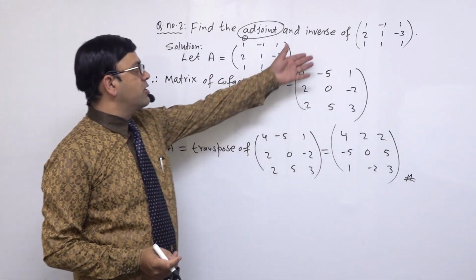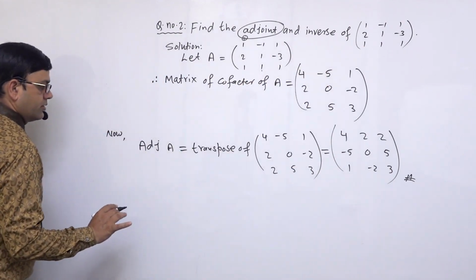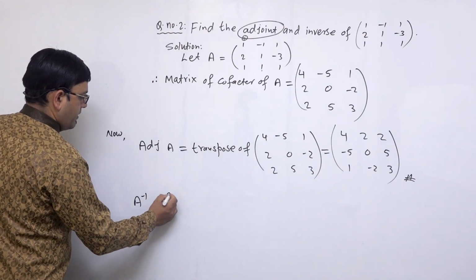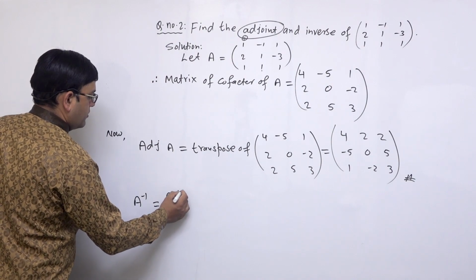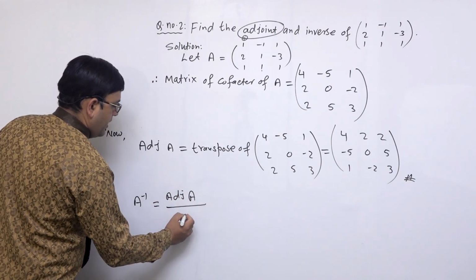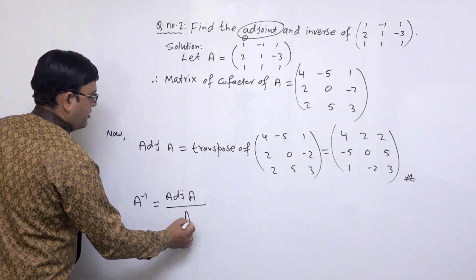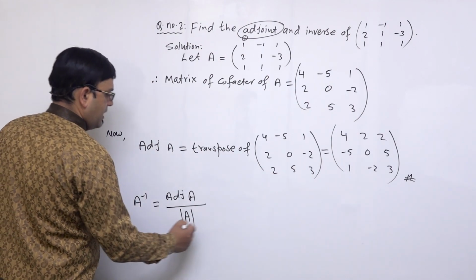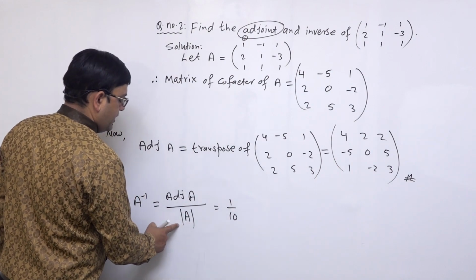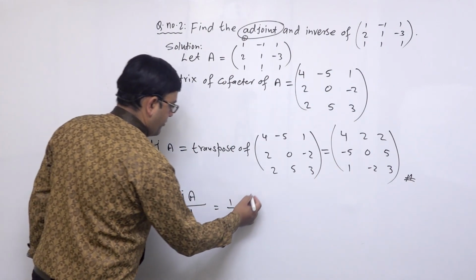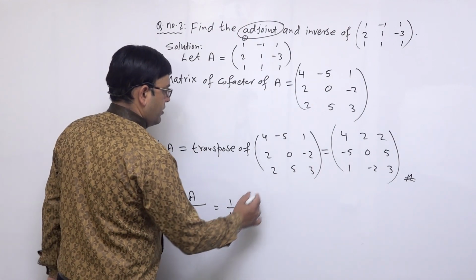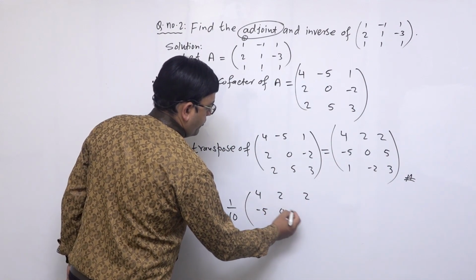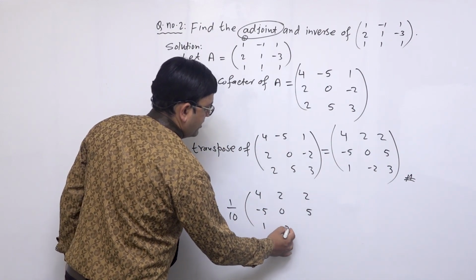Now we have to find the inverse matrix also. So A inverse is equal to adjoint of A divided by determinant of A. Our determinant of A is 10, so we can write 1 by 10 times the adjoint matrix, which is 4 2 2, minus 5 0 5, 1 minus 2 3.